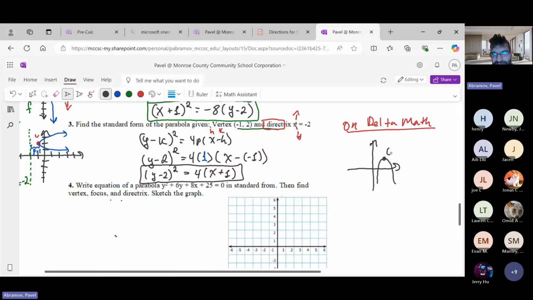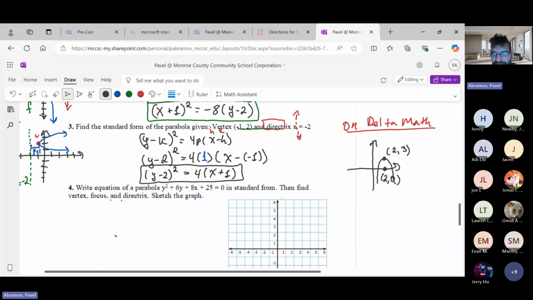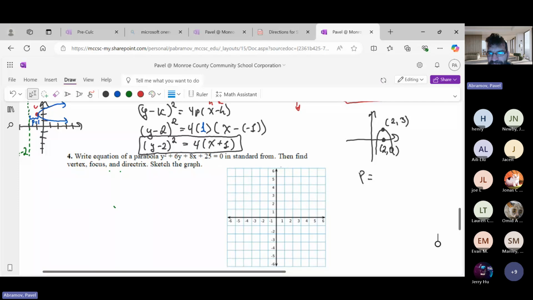Let's say we have the vertex of 2, 3, and the focus of 2, 0. You need to find what P is equal to, and so on. Now on Delta Math, even though this parabola is facing downwards, they want you to write your P as the positive value. So it's going to be P equals positive 3. That's this distance, of course, positive 3. But then you have to give the direction in which the parabola opens. So you will say that it opens down.